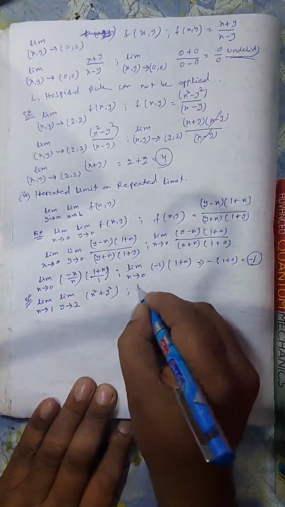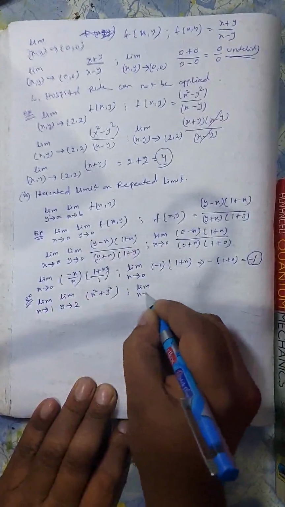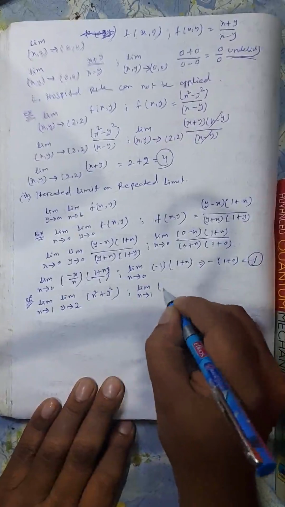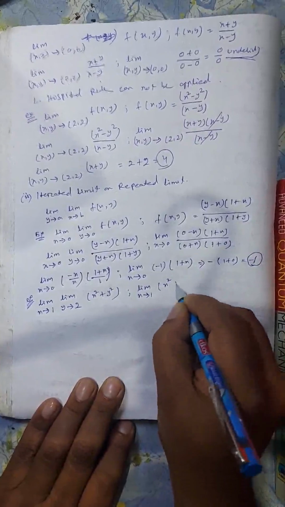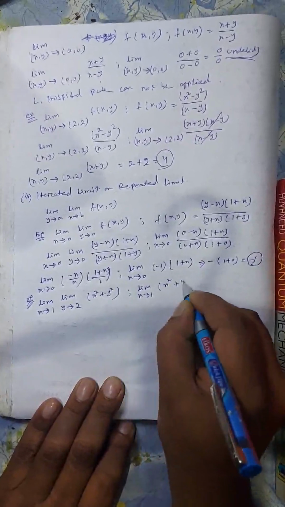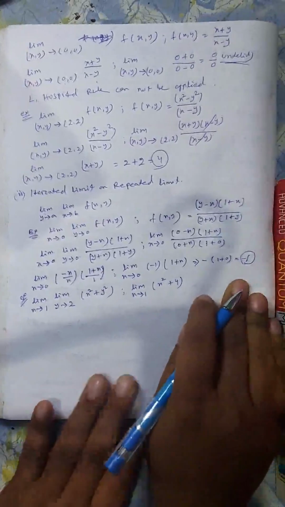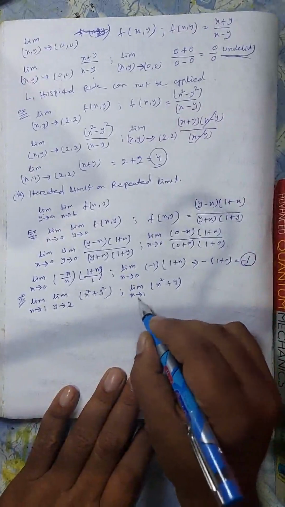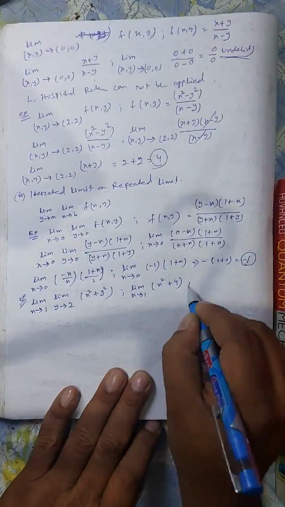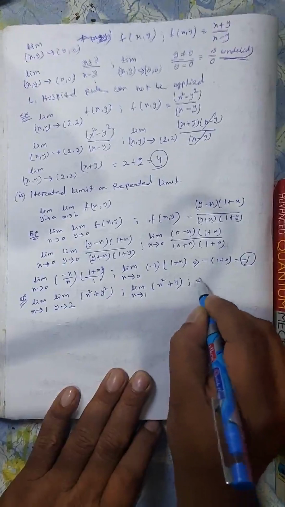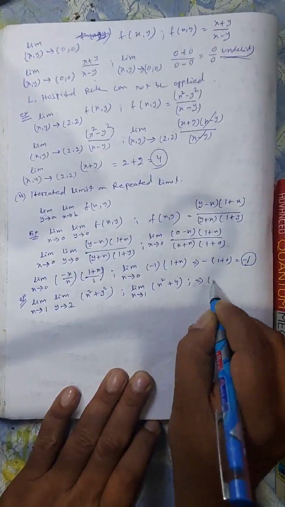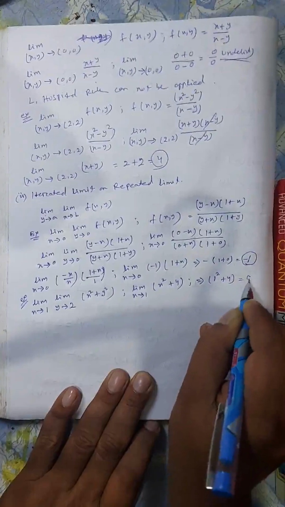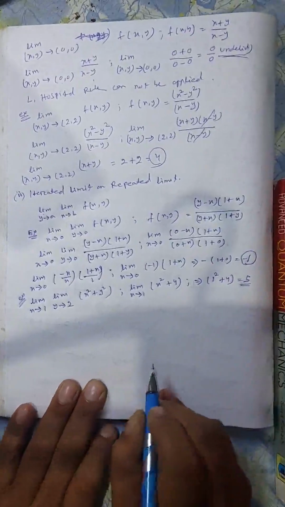We keep limit x tends to 1 as such and put the y value here. x square remains as such, the y value is 2 square, so 4. It becomes x square plus 4. Now again you put the x value, x tends to 1. That means in place of x I write 1 square. 1 square plus 4 is equal to 5. Answer is 5.